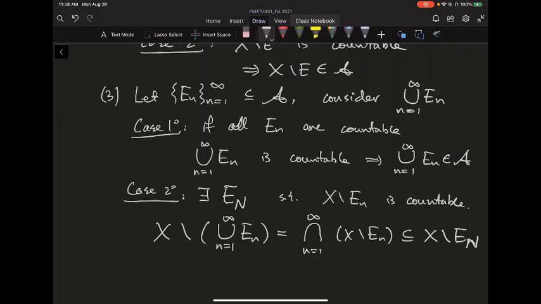We know the complement of E_N is countable, so the intersection is contained in a countable set, so it is also countable.